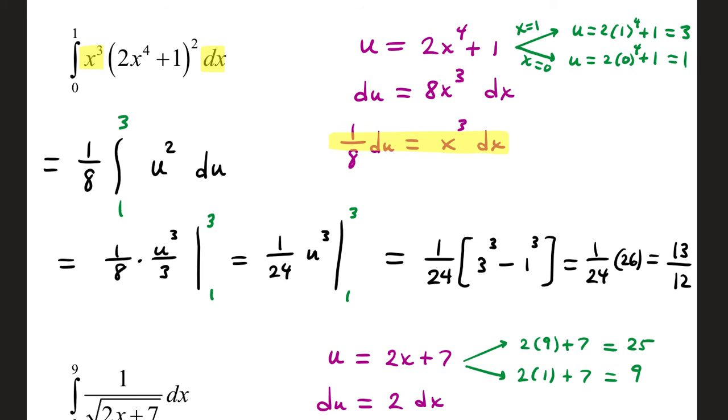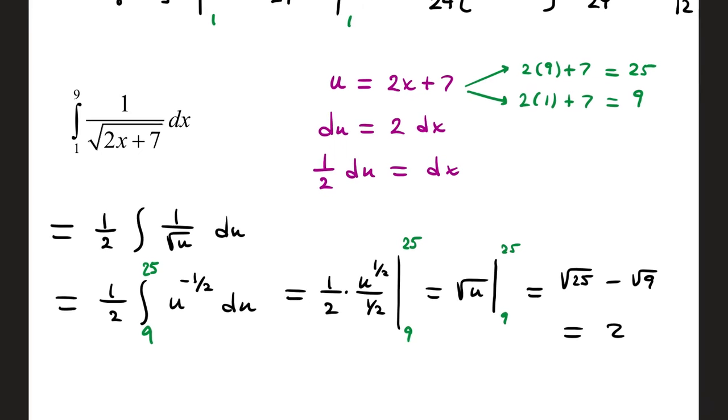That gives us 1 over 24 times 26. 26 over 24 reduces to 13/12.